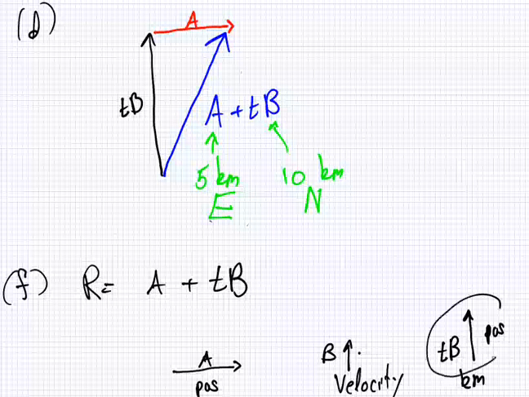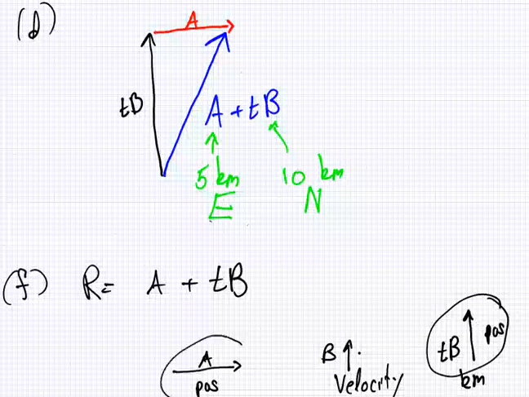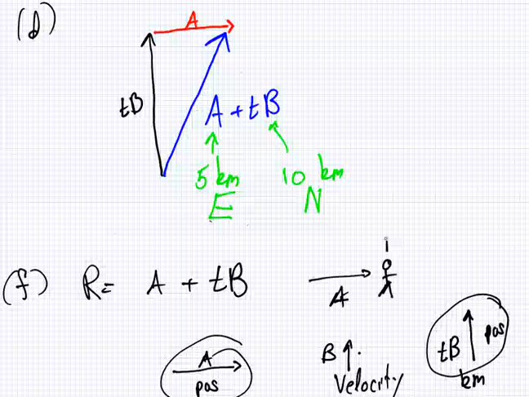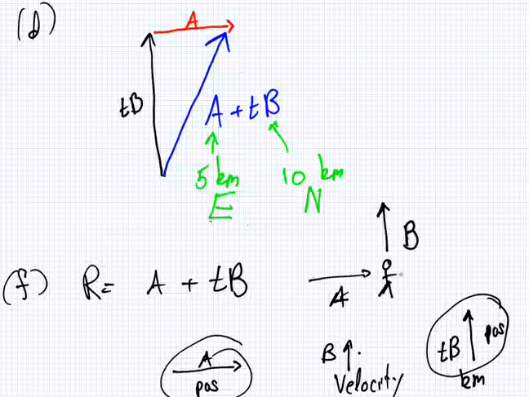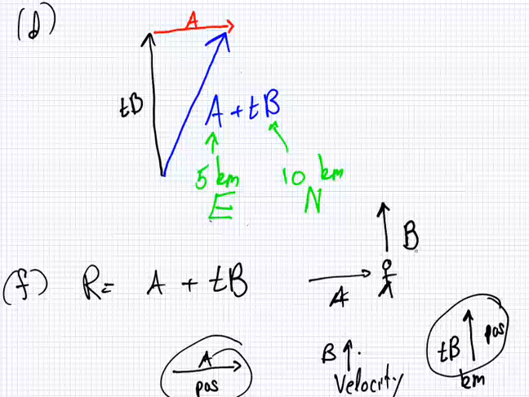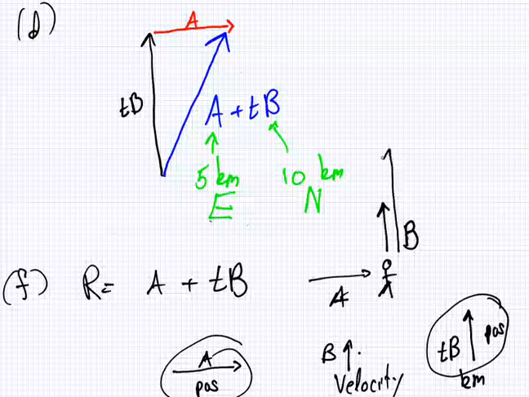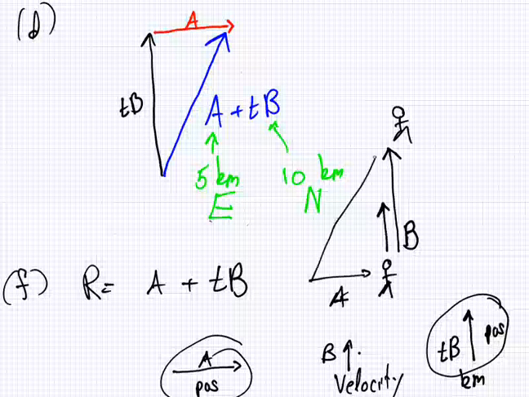So you can see here that the dimension of T is time, and the dimension for B is length per time. So these cancel, so it's just length. So then the unit would be kilometers, because that's what we're using here, or meters, whatever. So it's length for TB.